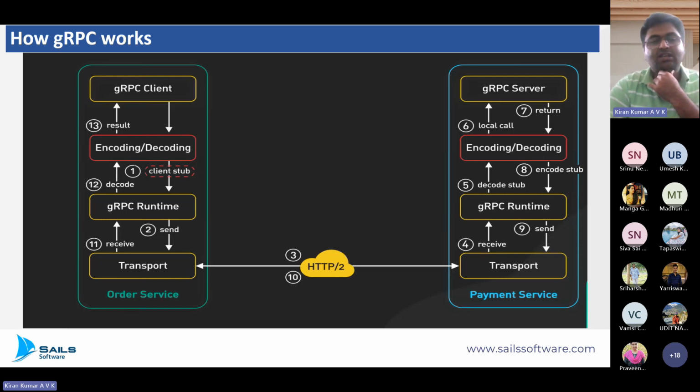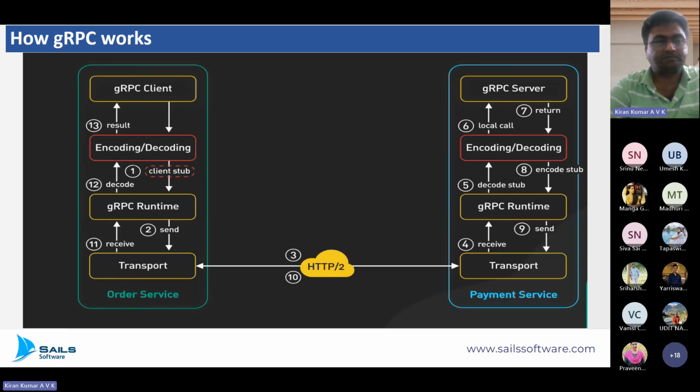On the server side, it receives it, decodes the stub, performs that call, and returns the response. So this is what is internally happening, and the protocol used here is HTTP2, which makes a lot of difference compared to other calls that we see using REST.